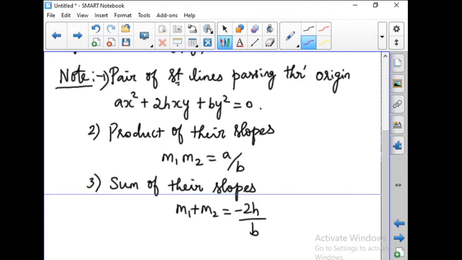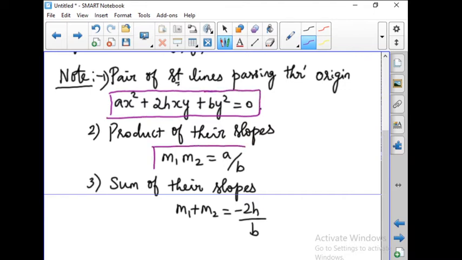So you have to be thorough with all this. When it passes through the origin, we will get only these three terms. Other terms will become 0. Product of the slopes is a by b and sum of the slopes is minus 2h by b. Okay.